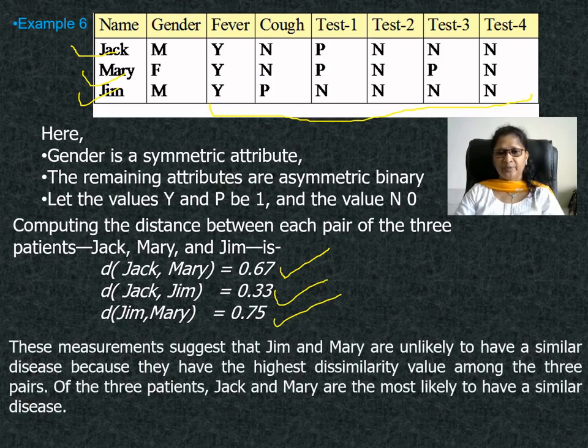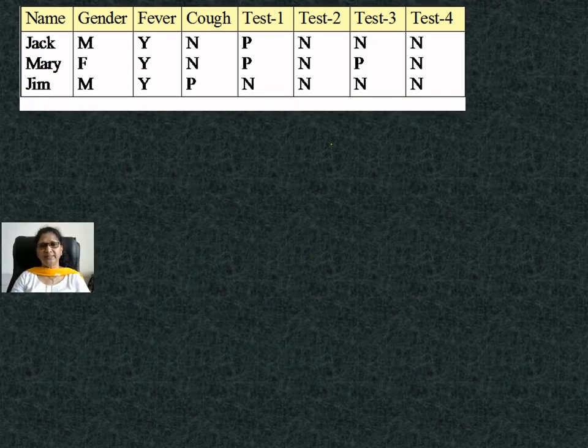Let's see. So we have to construct again a contingency table for each pair like we did for symmetric attributes. This is the given table. So excluding gender, which is a symmetric attribute, we shall consider all remaining 6 attributes, which are asymmetric binary attributes. And let us construct a contingency table for each 2 of these 3 patients.